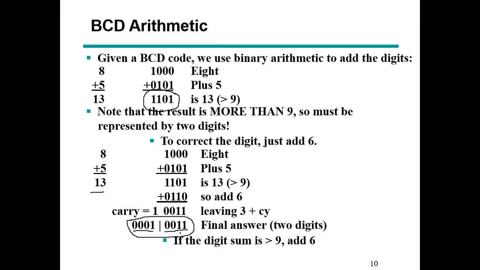Now if you remember our discussion on the BCD code, we said BCD is used for coding decimal numbers in binary. Now how many decimal numbers do we have? We have 0, 1, 2, up until 9.